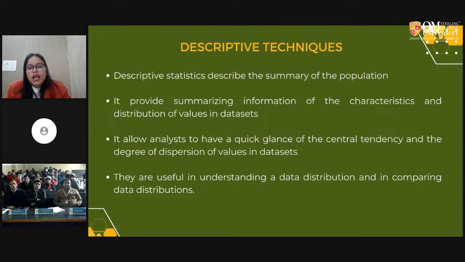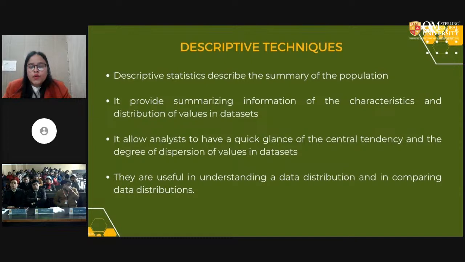In that case, we have the option of descriptive techniques. It will provide summarized information on the characteristics of the distribution of values in the data set, how your data set is dispersed, and how its distribution is.